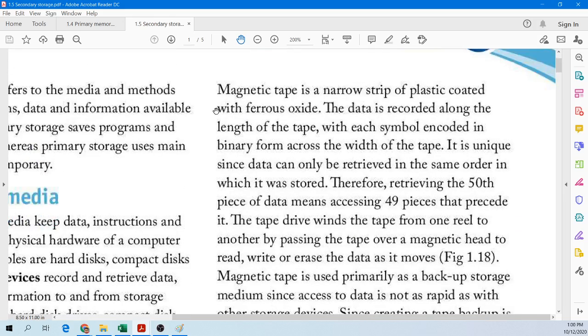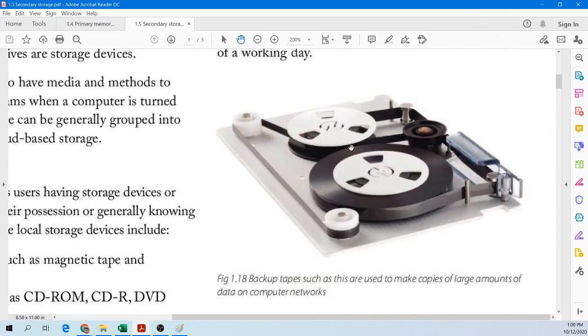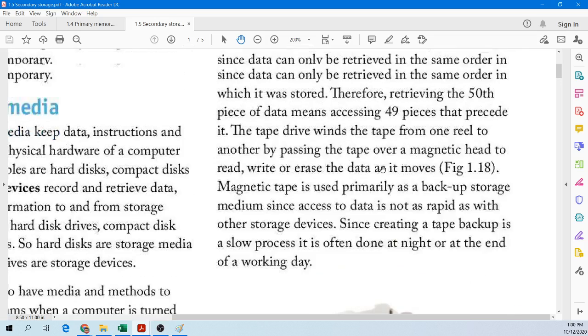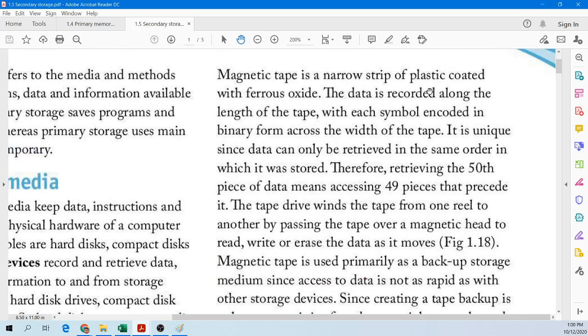Now, just like a cassette, a magnetic tape has a narrow strip of plastic, as you can see in the image, and notice that the data is written in binary form. Remember, the computer reads data in binary. So what is written on that tape is written magnetically in binary.